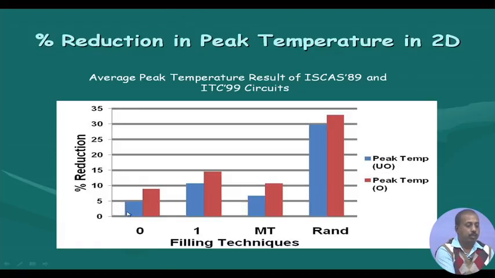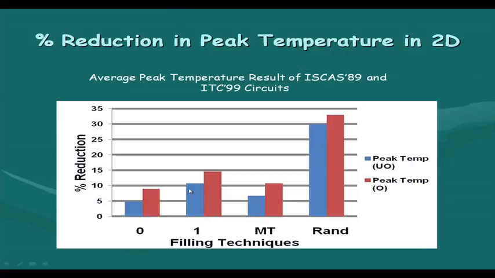So the don't cares are filled, but test pattern ordering is not done. Now this is when the test pattern ordering has been done, that is the combined effect of don't care filling and test vector reordering. Similarly, over one filling, we have got about 10% and about 15% improvement.